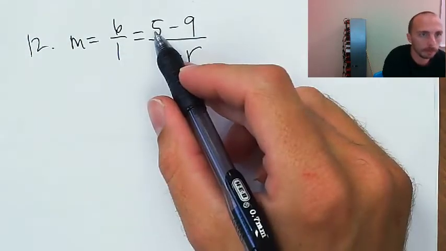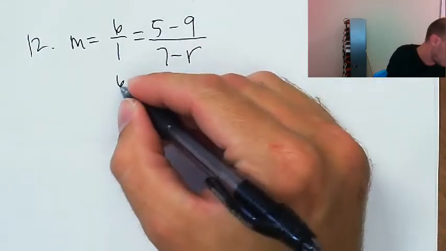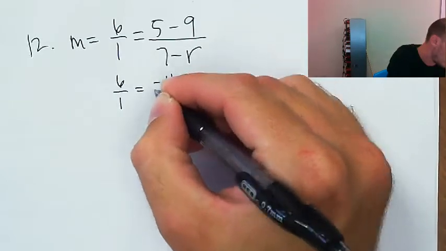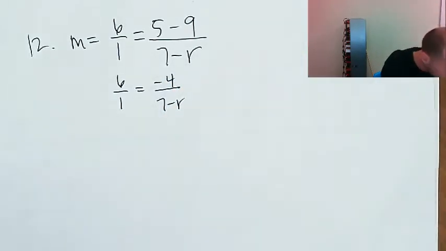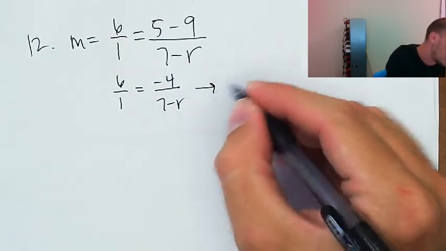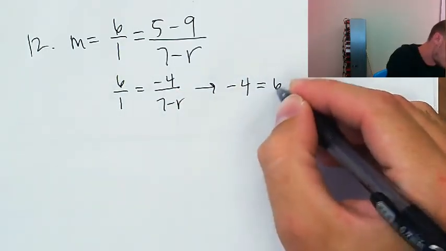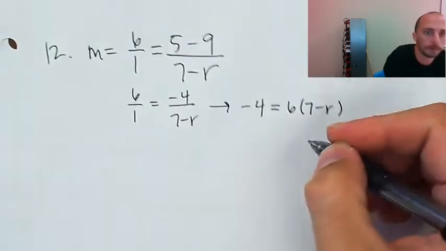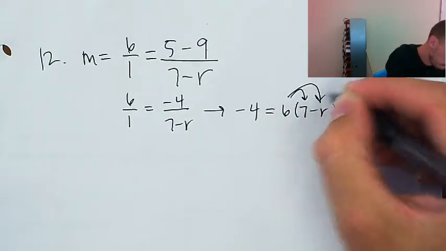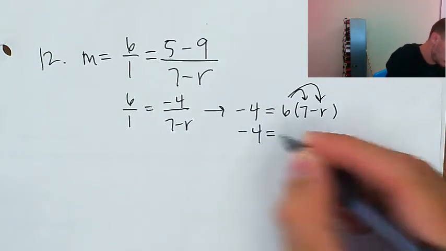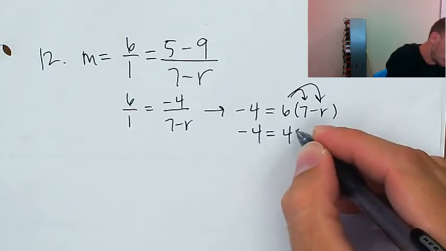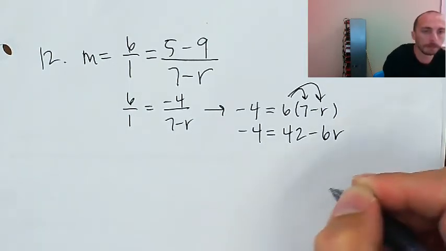So I get 1 times, I guess I'll simplify first. 6 over 1 equals negative 4 over 7 minus r. Okay. So now I get negative 4 when I multiply these two, and 6 times 7 minus r. And that's negative 4 equals 6 times 7 is 42 minus 6r.